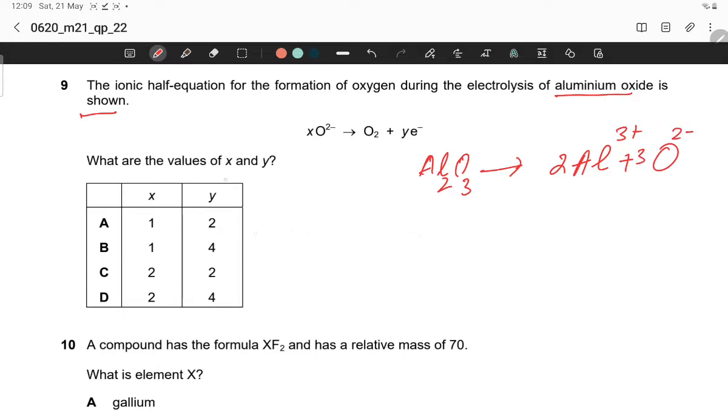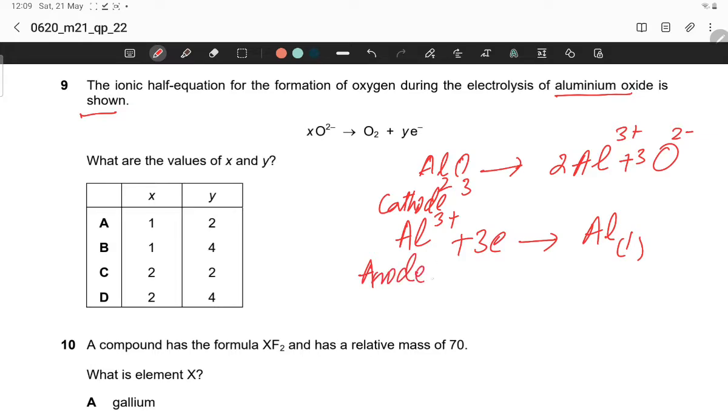So what is the reaction at the cathode? Al3+ gains 3 electrons to form liquid Al, while at the anode oxide ions discharge. 2 oxide ions lose 4 electrons to form 1 oxygen molecule plus 4 electrons.